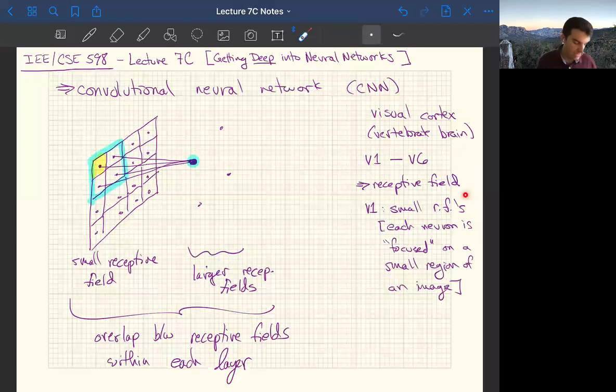And the thought was that it's mimicking the way vision is processed in at least the vertebrate brain. It turns out that what's going on in the vertebrate brain is much more complicated, but this is the basic idea. When you draw it out like this, those of you who work in signal processing or image processing might find it familiar, because it looks like the mathematical operation of convolution.